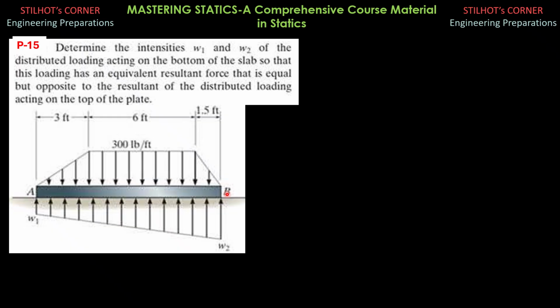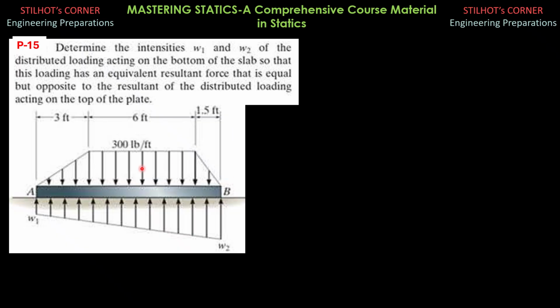Then, if you can extend, choose any point on the beam. Let us say you select 4 feet from the left and call that point C. You sum up moments there and make sure that the answers will be the same.